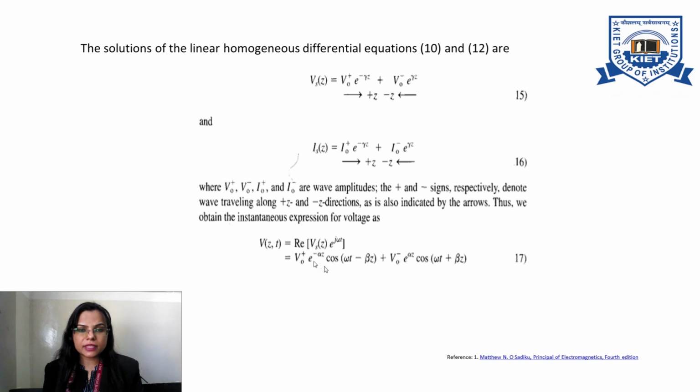So, alpha is your attenuation constant and beta is the propagation constant. If alpha is 0, the whole wave will be transmitted. If beta is 0, the whole wave will be attenuated. So, this is your instantaneous expression for voltage.